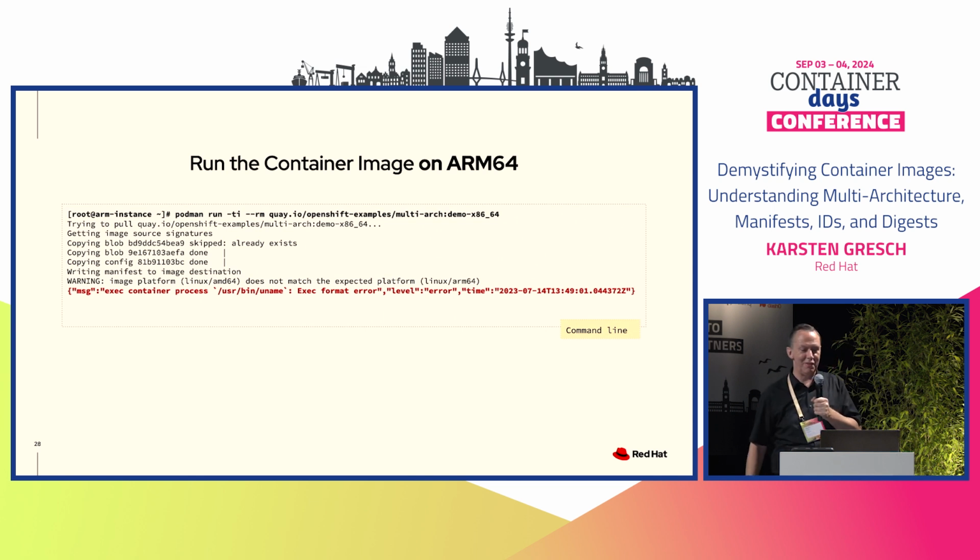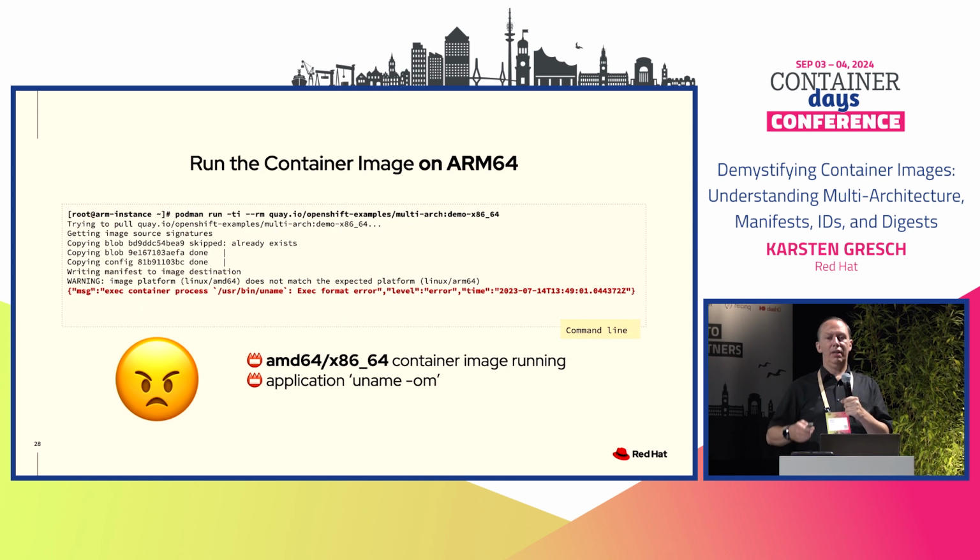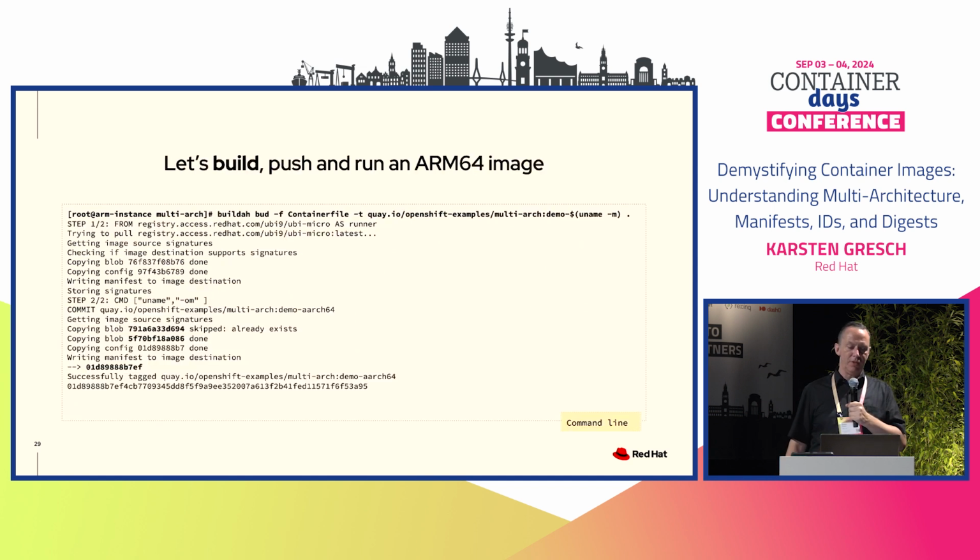What we see here is that it's not working. But from my understanding, if I create an image locally, push it, and try to run it on a different architecture, I would expect that it's not running automatically. Maybe you're used to it always running, but the reason behind it will come very soon.